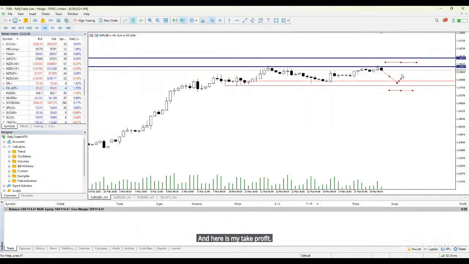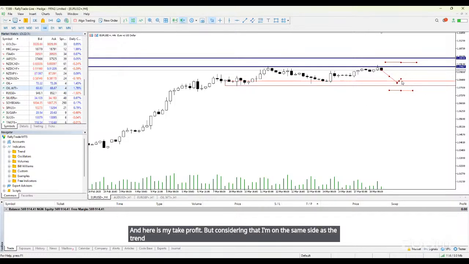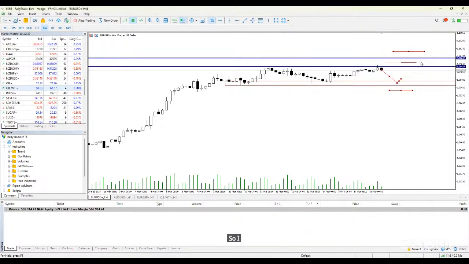But considering that I'm on the same side as the trend when I'm entering, I should be able to actually target for more. So I will be scaling out with 50% here, and maybe at the next level of 1.100, I will be taking out with a better risk to reward ratio than if I just get out here with everything I have.